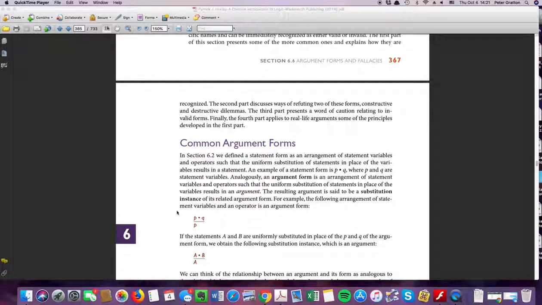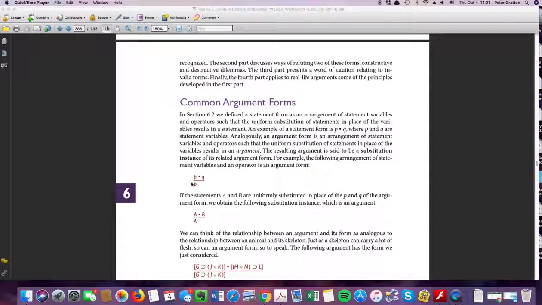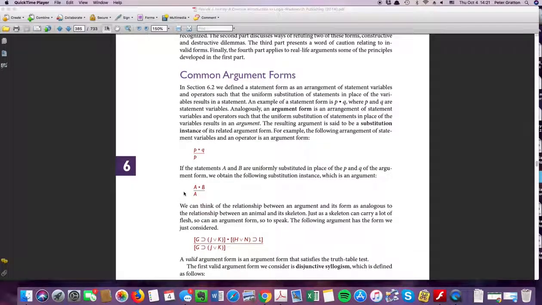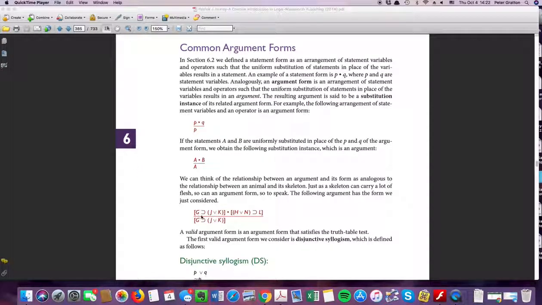Okay? So there are common argument forms. For example, if P and Q are true, we know that P is true. And then we can always substitute in A or B, and A could be anything, something really complicated like this and complicated like this. If we know that this is true, then we know that this alone is true.